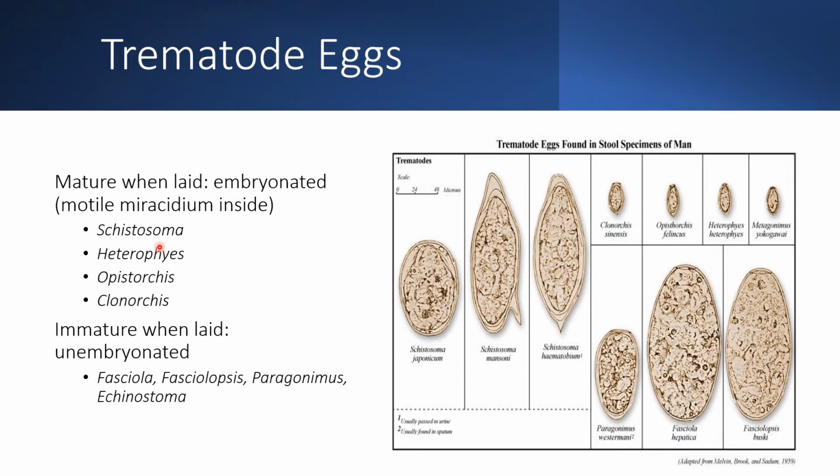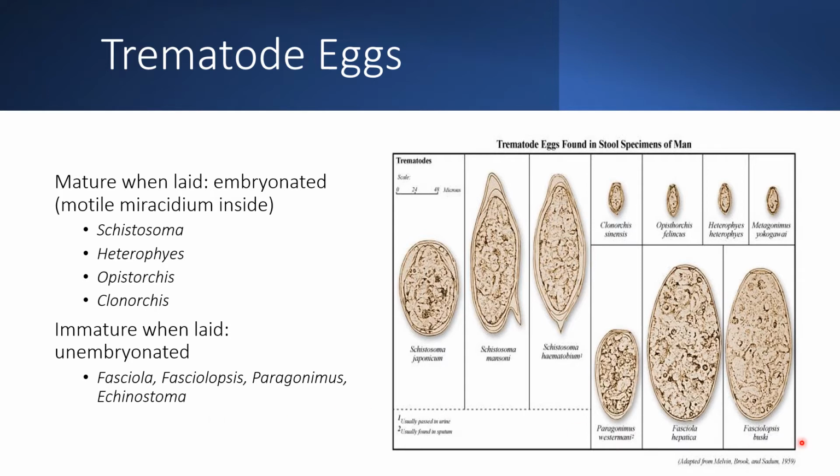Those capable of laying embryonated eggs containing the motile miracidium inside are Schistosoma, Heterophyes, Opisthorchis, and Clonorchis. Sorry for the spelling of Opisthorchis, it should have an H here. For the unembryonated, we have Fasciola, Fasciolopsis, Paragonimus, and Echinostoma.